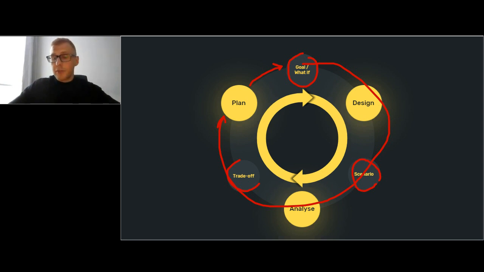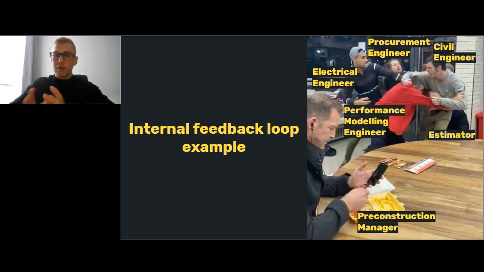So this is kind of the external feedback loop, but we also can dive deeper and talk about what's going on inside the EPC contractor, what type of feedback loops are happening there. It's a little bit more interesting because we have many more roles. When we're talking about the external feedback loop, that's only developer, owner, and EPC contractor. When we're talking about the EPC contractor, that's all about, you know, electrical.